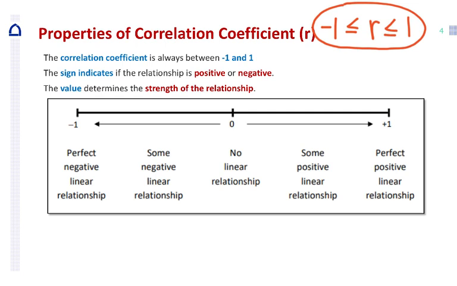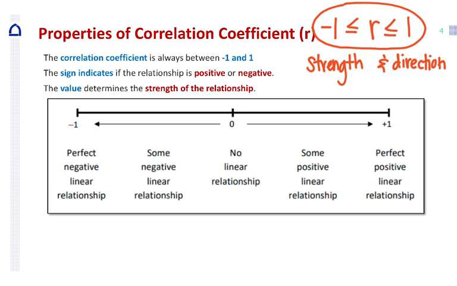And remember, I told you it tells you two things. It tells you the strength of the relationship, meaning how close the dots are to a straight line, and it tells you the direction of the relationship. Are the dots going up from left to right, or are the dots going down from left to right? So the direction is quite easy.